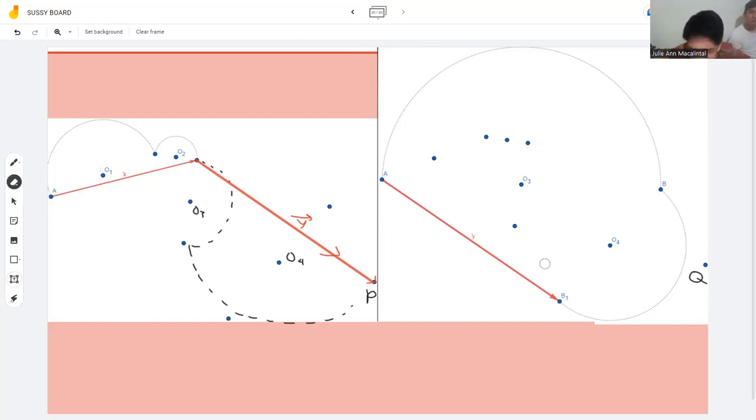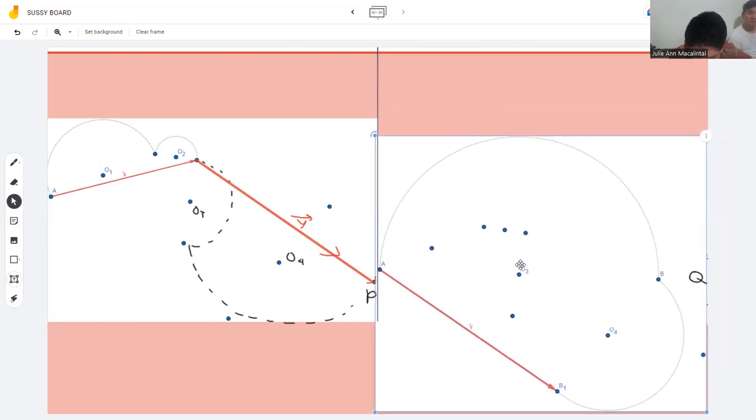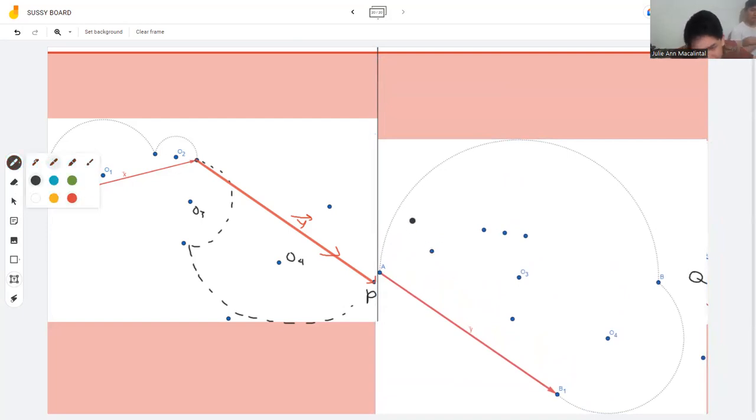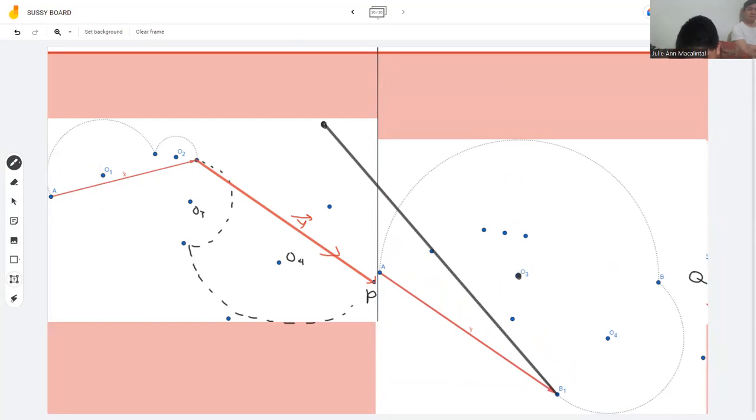We need to put this a little lower, so there will be room for you to put the extremely long jumping distance. Here, something like so, where would that be? It's like here. And then let me put something here.